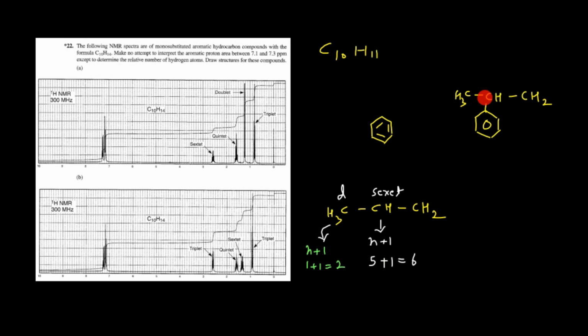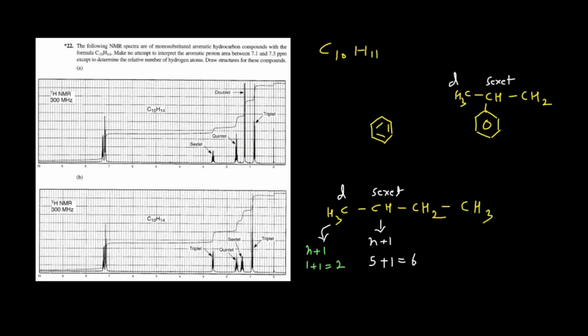So basically this kind of substitution on the benzene ring is there. This is producing a sextet and this is producing a doublet. What are you left with? The quintet. Quintet means a splitting pattern of 5 different peaks. So how can we get the quintet? For quintet, we can put say CH3 here.